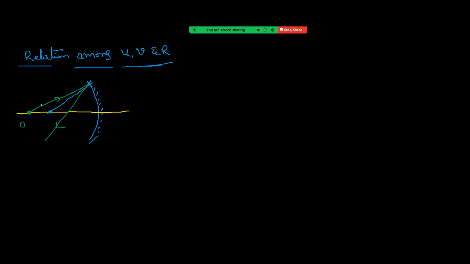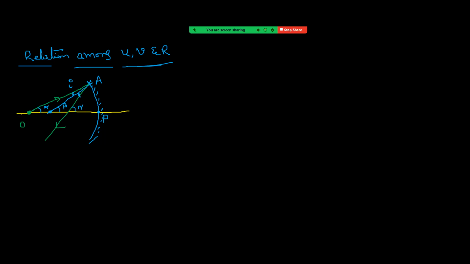Let us take this angle as alpha, this as beta, and this as gamma. This is the pole, let us call it A. Here the angle of incidence is psi.